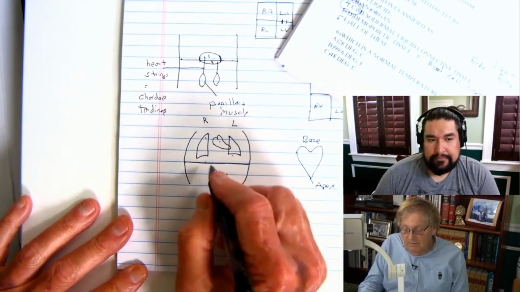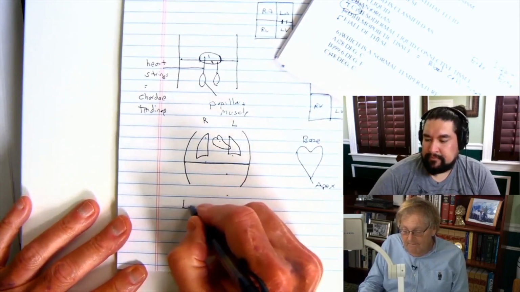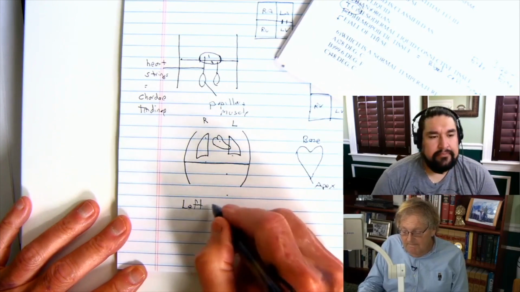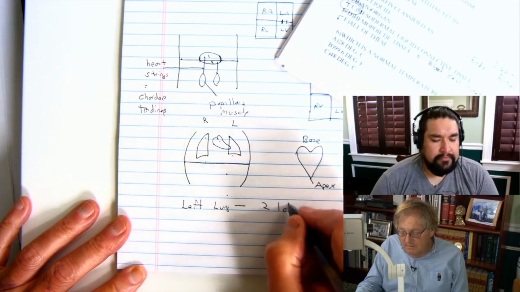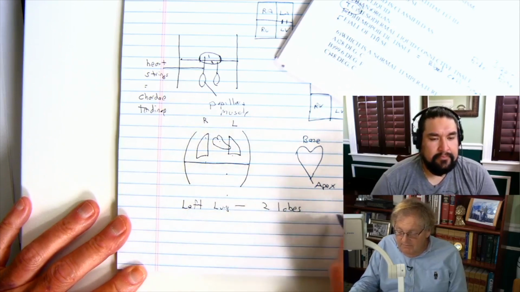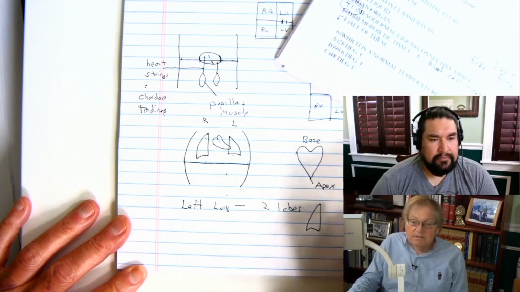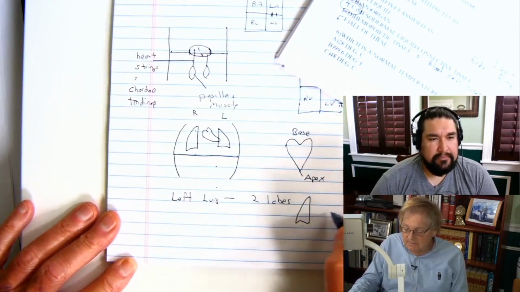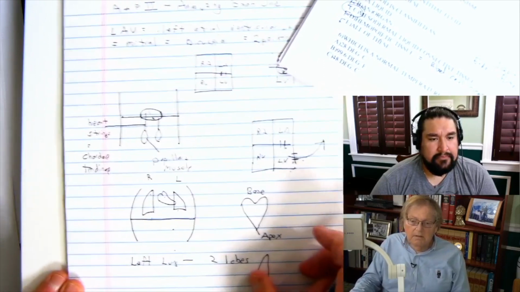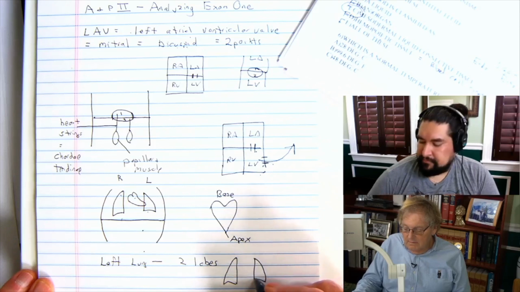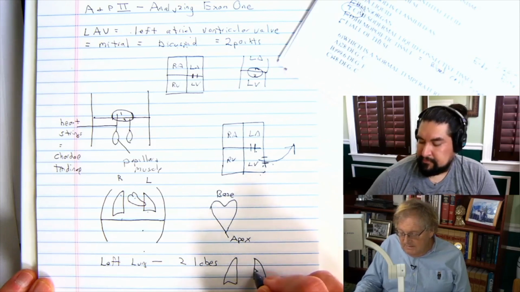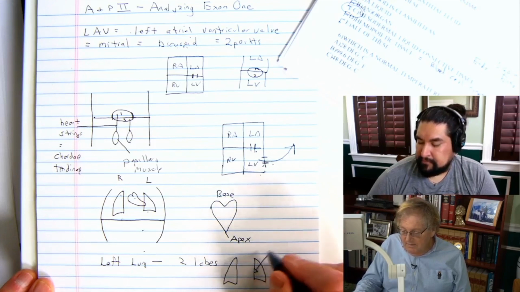And so the left lung, if you were to look at it, has only 2 lobes. And so therefore, if this is the right lung sitting here, and this is the left lung next to it, and here's the left lung over here, there's a notch that fits in here, which is called the cardiac notch.